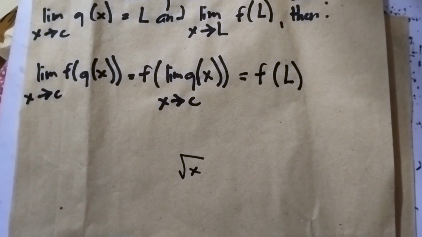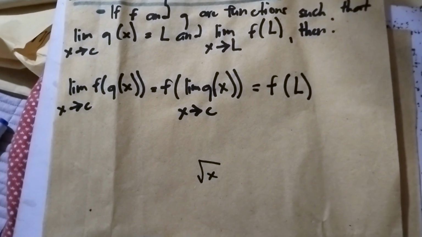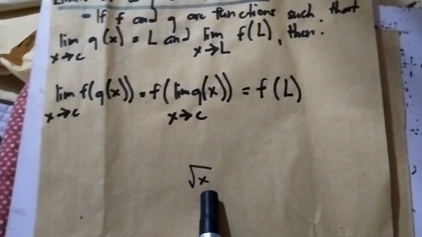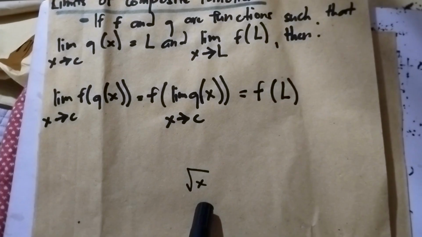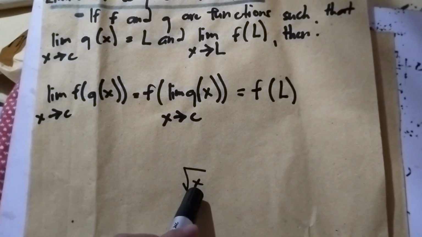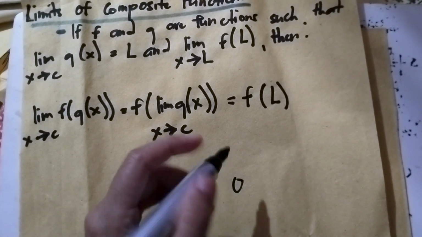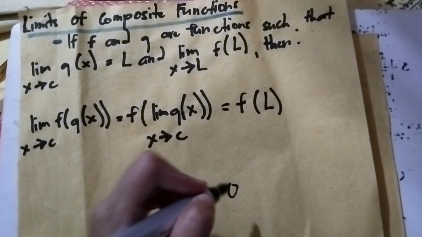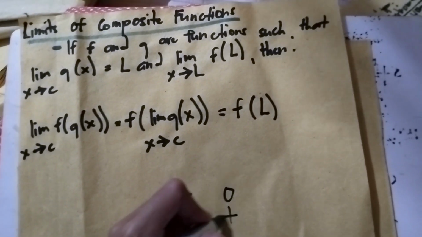Mahimo siyang imaginary if the number inside the radical is negative. So dapat the number inside the radical function is either 0 or greater than 0, or any positive numbers.